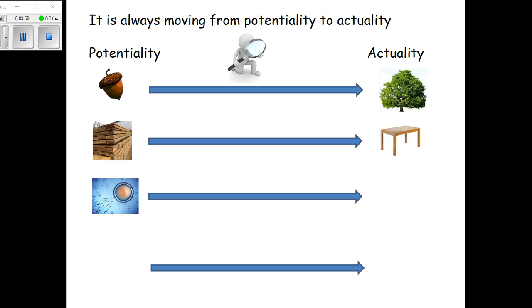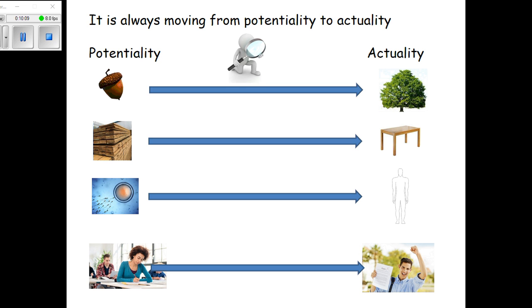It's not a human being yet, but if it's given the correct nurturing, it will become an actual human being. And finally, there's a potential successful student. That's what you are. You're a potential successful student. You're not an actual successful student yet. If you nurture and correctly fulfill your potential, then you will achieve this actual.